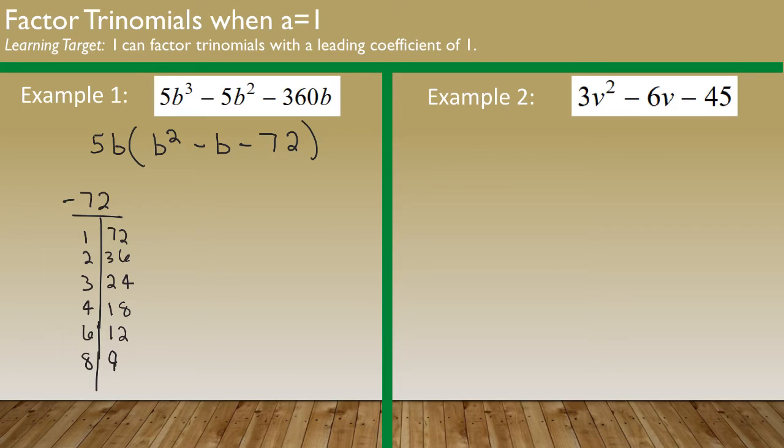There's no new factors that we can find. So now the question is, can I make negative 1 with any of these? Yes, I can. If I make the 9 negative, 8 and negative 9 are the factors.